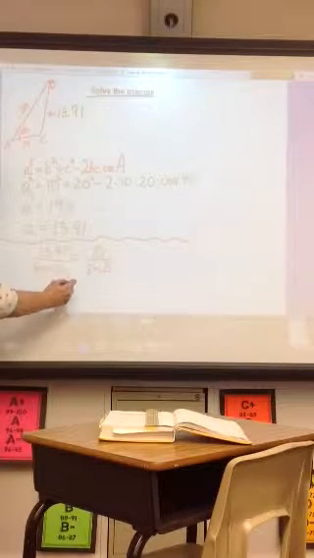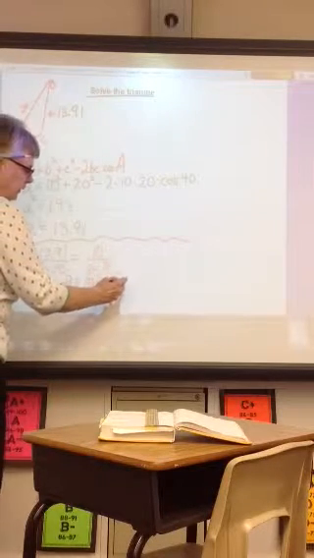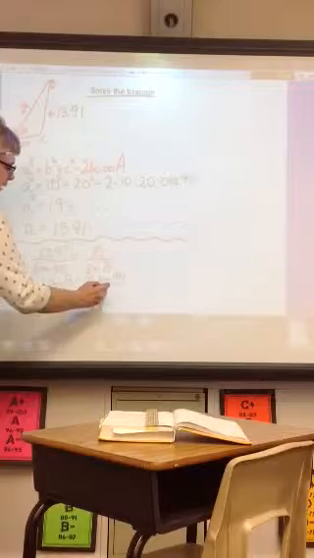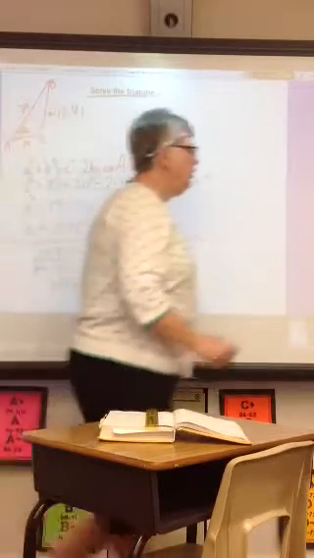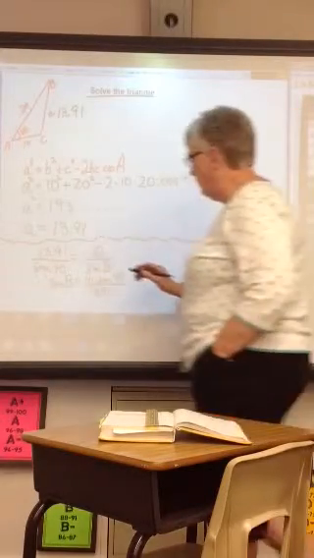So sine b is equal to 10 sine 40 divided by that 13.91. So if you go back into your calculator, type in 10 sine 40 divided by the answer that you just had, and you get this result.